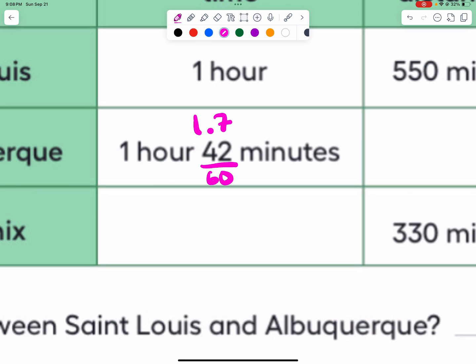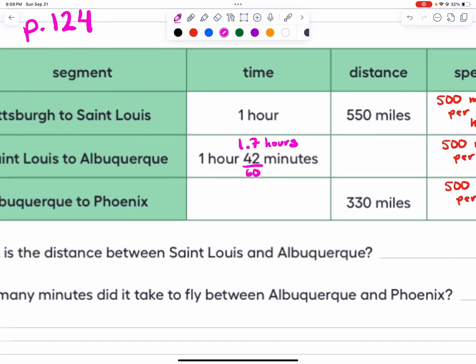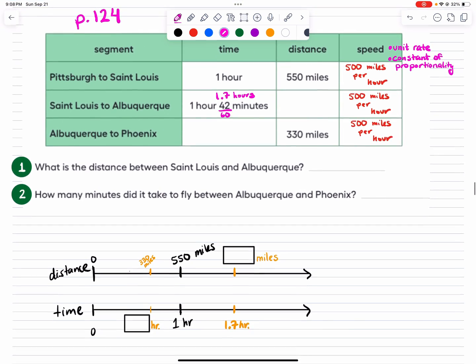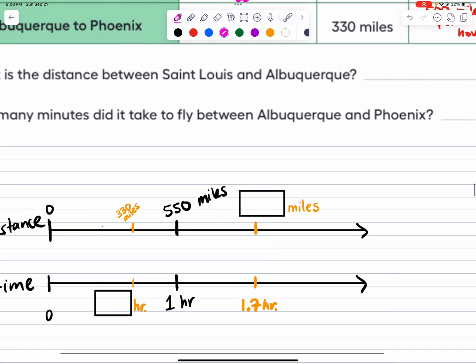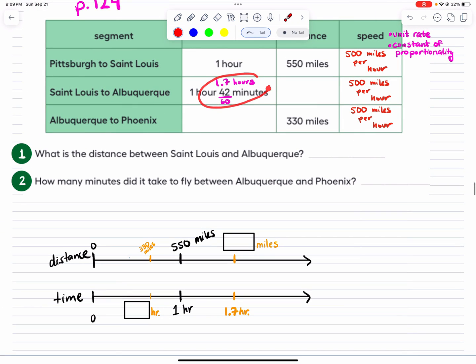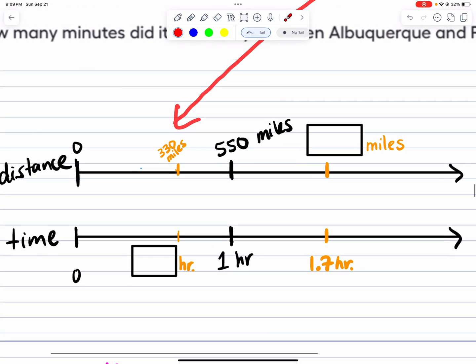So this is 1.7 hours. So we have 1.7 hours and this missing hour go here, and the 330 go here. I just made a double number line.